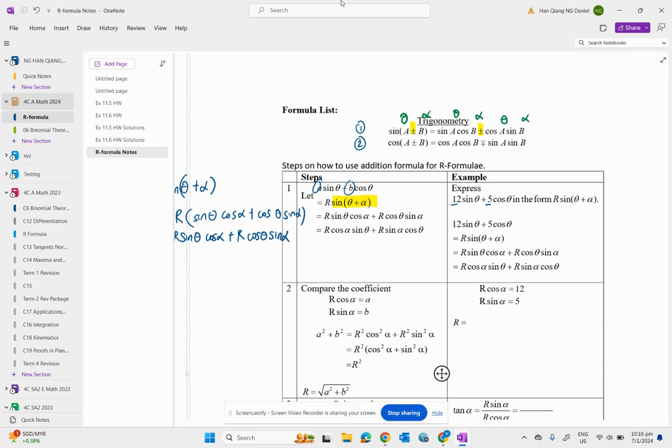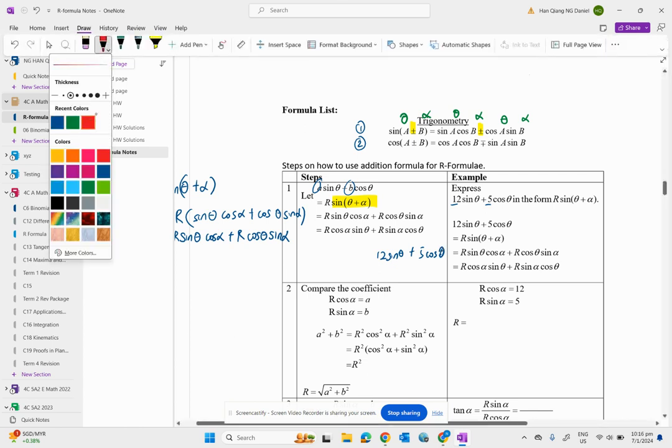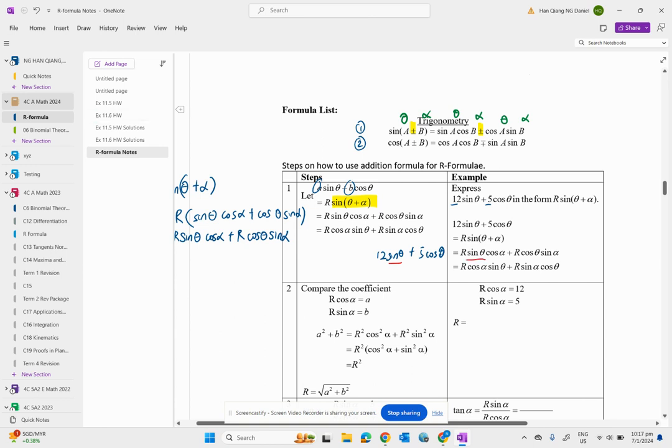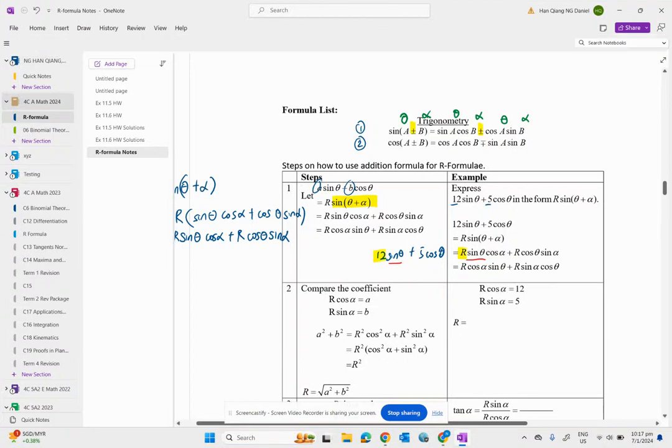So we realize if I write it side by side here, 12 sine theta plus 5 cos theta, I underline sine theta here, sine theta. So what would 12 be equal to? 12 will be equal to r cos alpha.